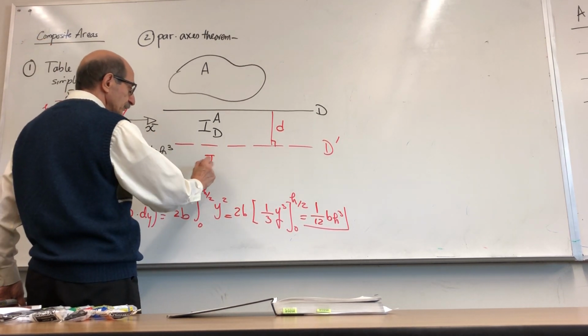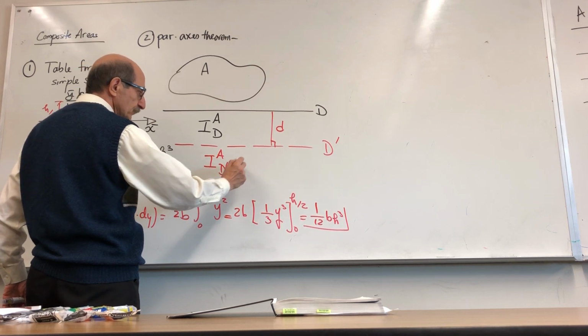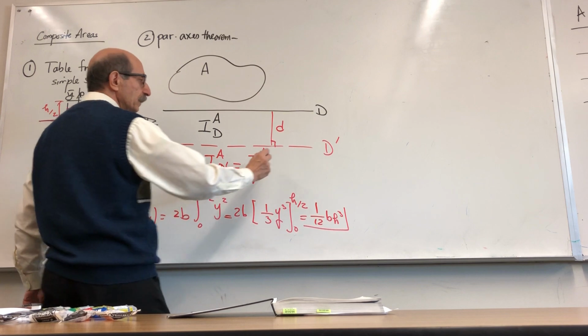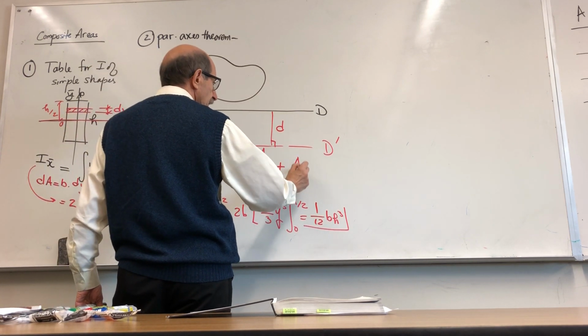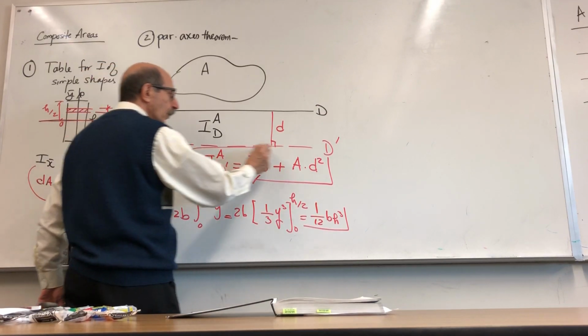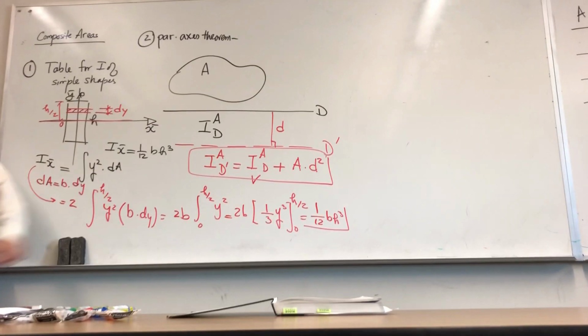The moment of inertia of that same area with respect to this new axis is what you had already calculated plus the area times the square of the distance between the two. This is a very powerful tool that comes quite handy.